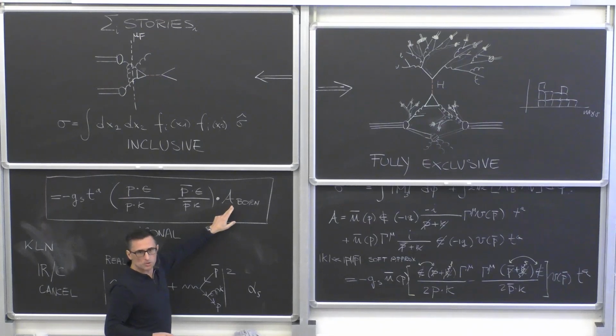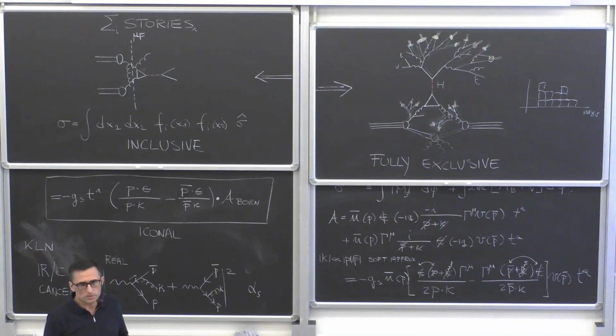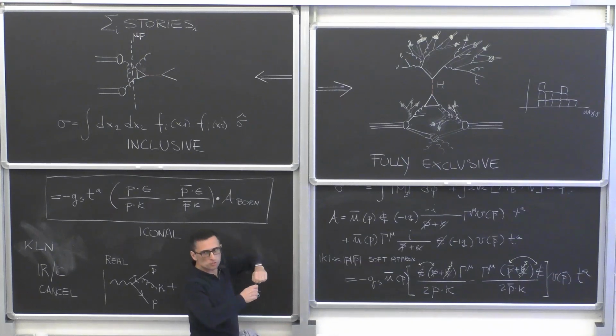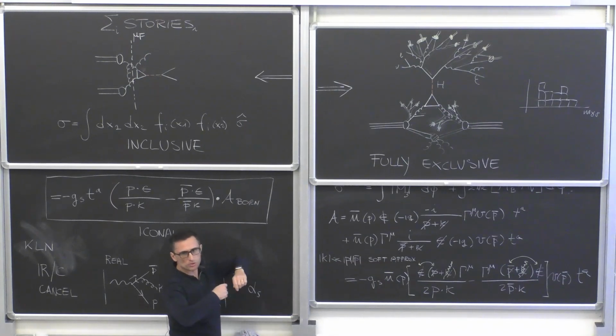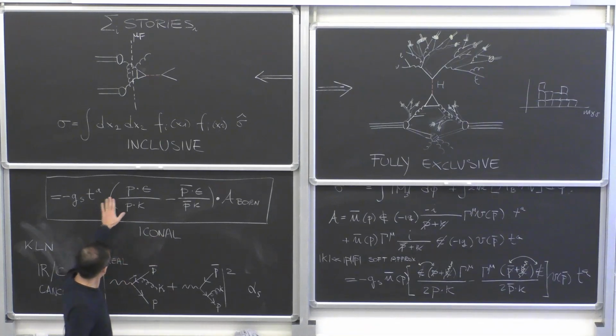So this term does not touch the spin. It's spin independent. It doesn't know whether I was producing quark anti-quark, or squark anti-squark. There is no trace in this term of the spin of the emitting object.